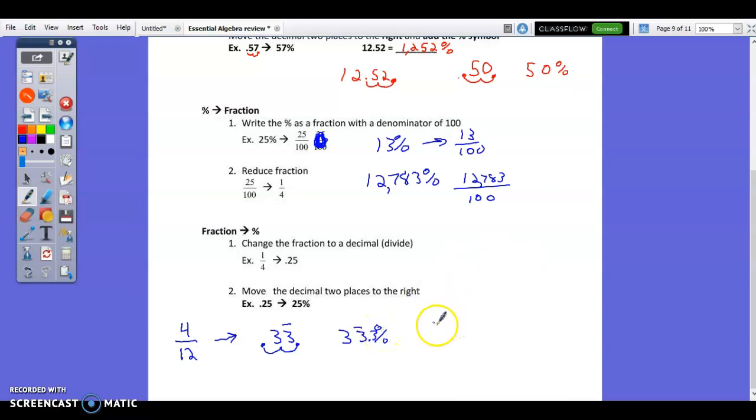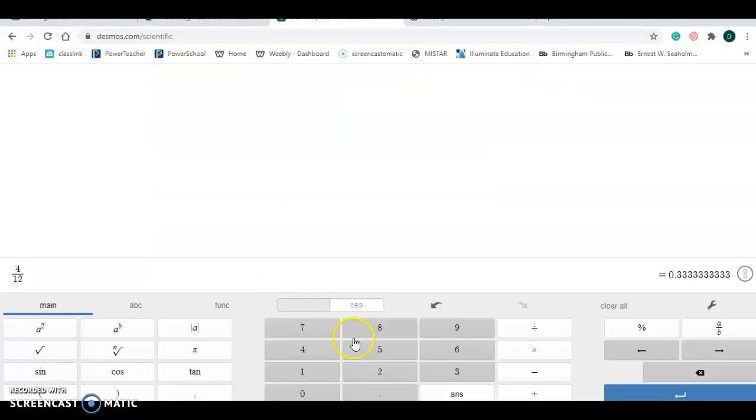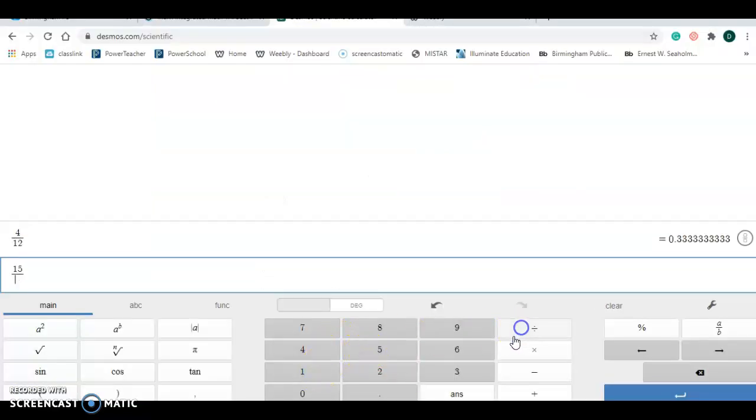All right, let's say I have 15 over 42. So I want to change 15 over 42 into a percentage. First step, change it to a decimal. 15 divided by 42. That gives us 0.357.